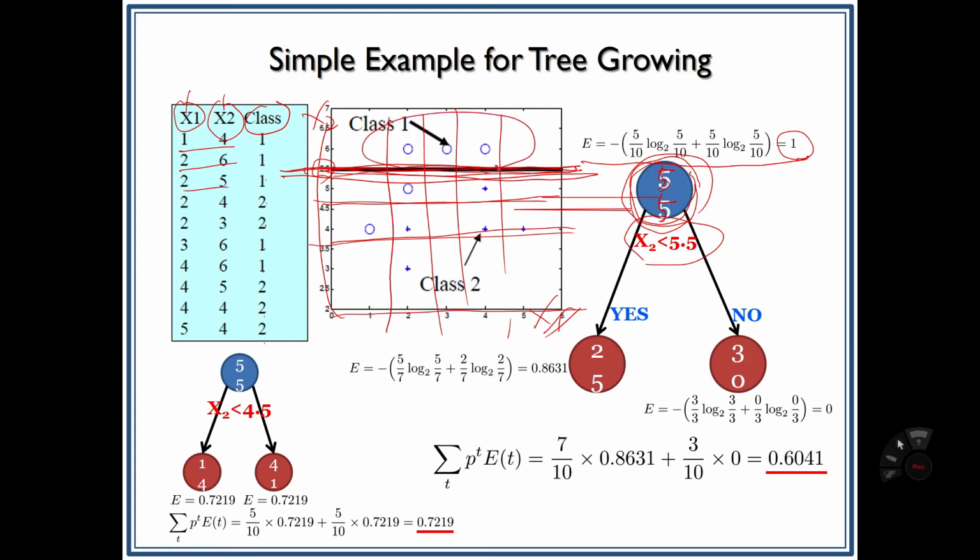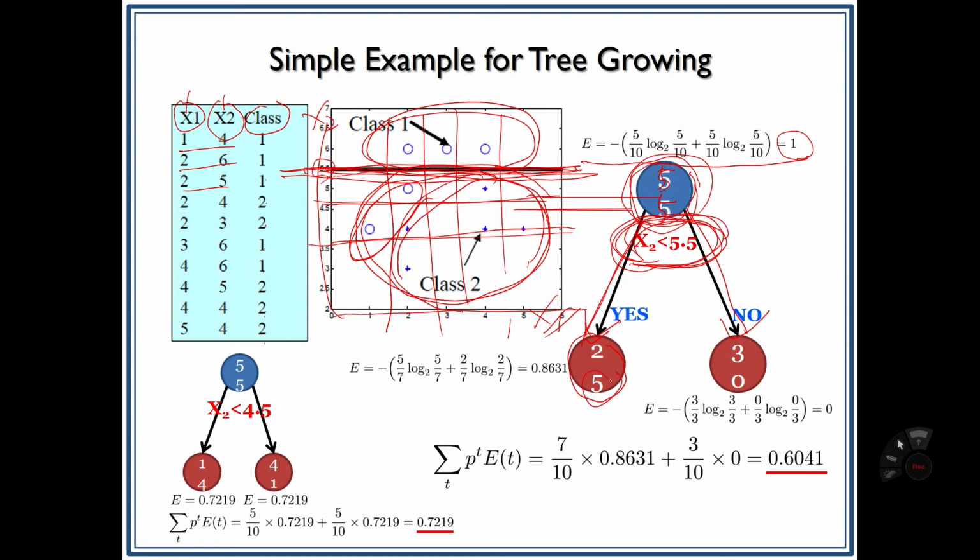If we split these 10 data points into two parts by this split, the objects satisfying this condition go in this direction: these 7 data points go this way, and these 3 data points go that way. Then in this child node, we have 2 class 1 objects and 5 class 2 objects.